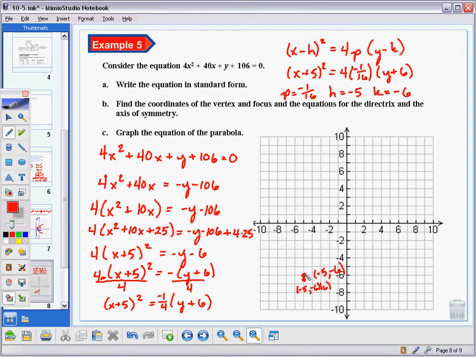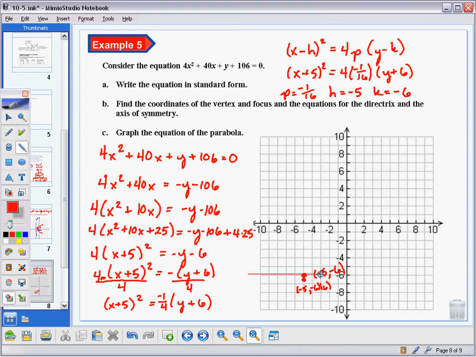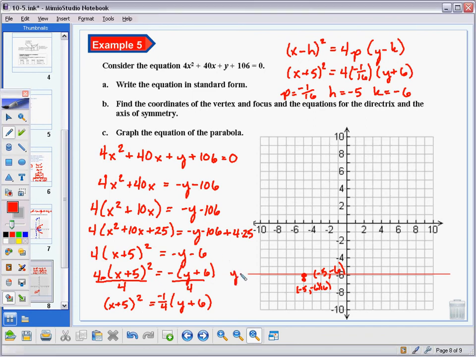And then to get my directrix, I'm going to have to move up a 16th. So that's going to give me this line right here. Again, not moving up very much. That's going to be at y equals negative 5 and 15/16.